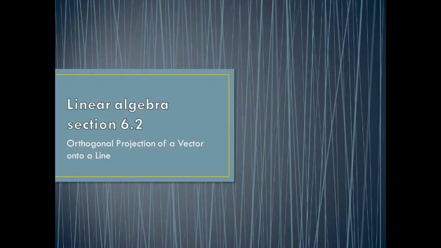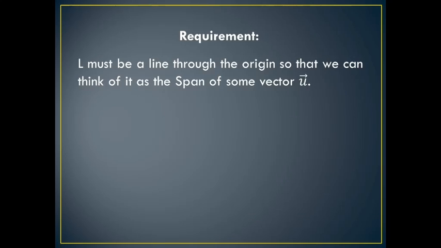Let's start with the requirements that we have for this section, and that is that L, the line, has to be through the origin so that we can think of it as the span of some vector u. So remember, a span always has to include the zero vector.